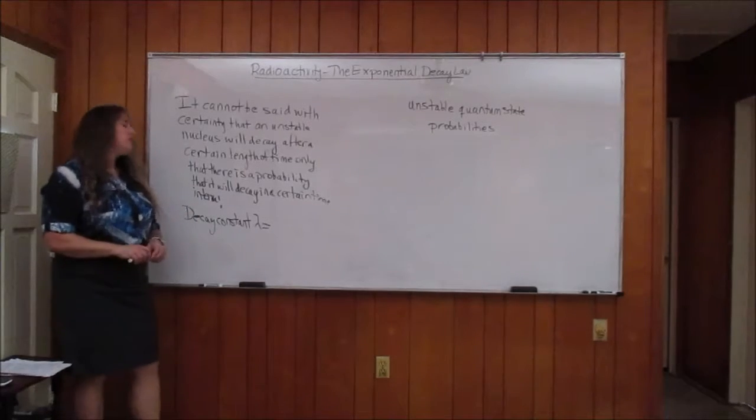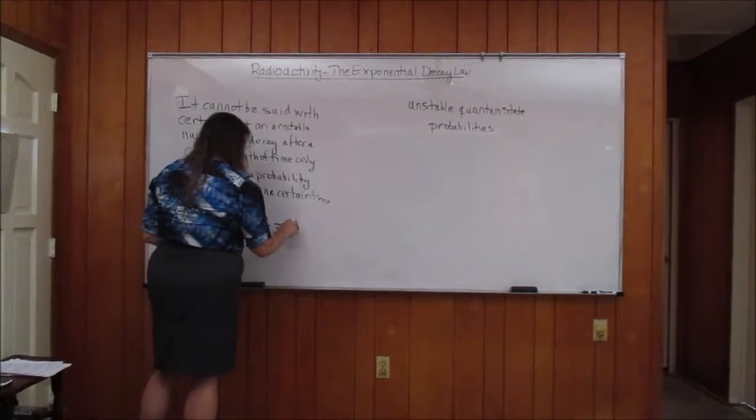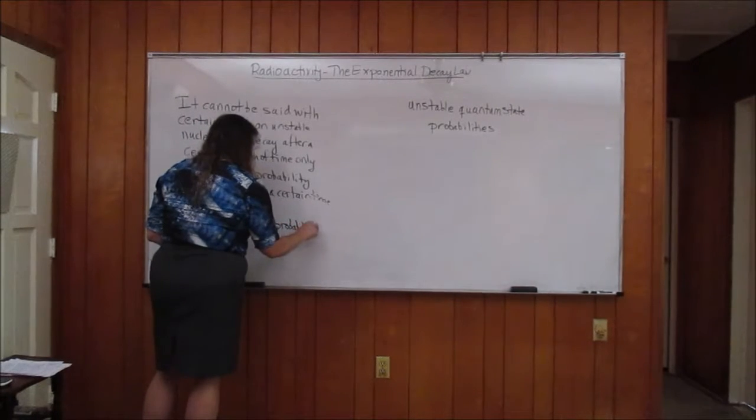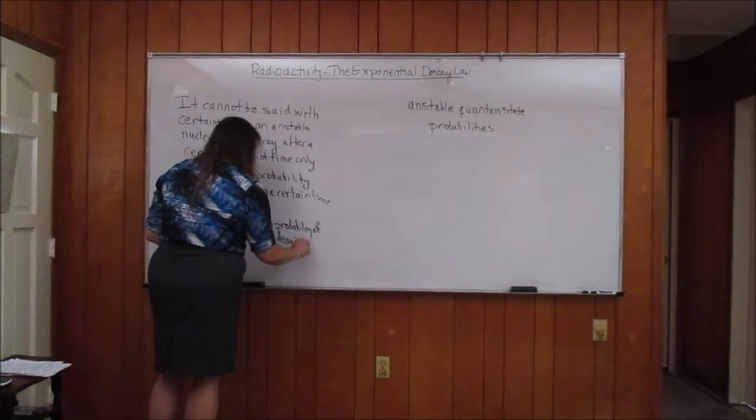So our decay constant, lambda, really is the probability of decay in a certain time interval.